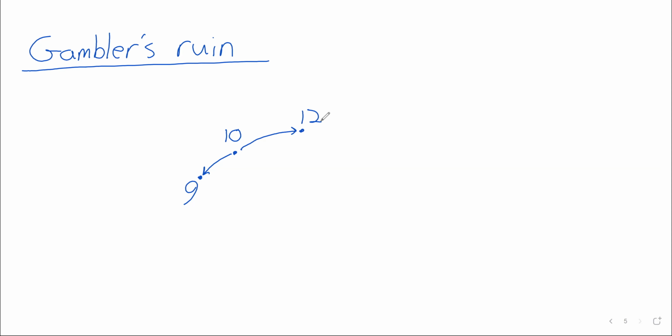Obviously, real casinos are more complicated than this, but now you keep betting. From 12, you could go to 11, or you could go to 14. From 11, you could go to 10, or you could go to 13. From 13, you could go to 12, or you could go to 15, and so on.